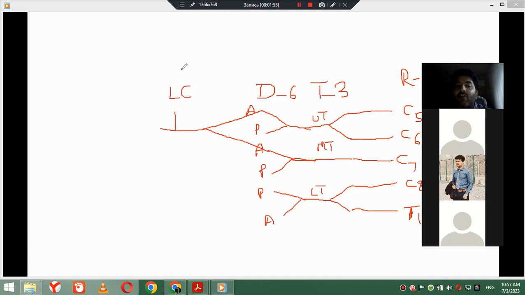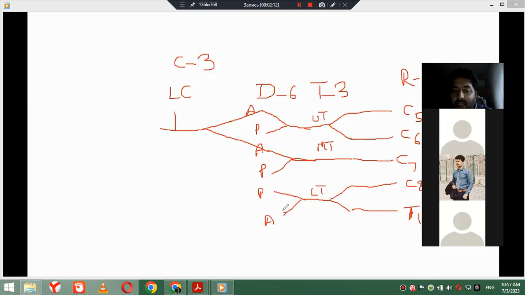Lateral cord. So now we are forming the cords. Cords are 3 in number and cords are present in the axilla. Roots, trunks and divisions are present in the posterior triangle of the neck region.